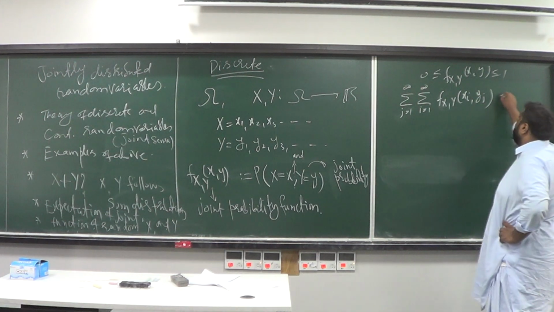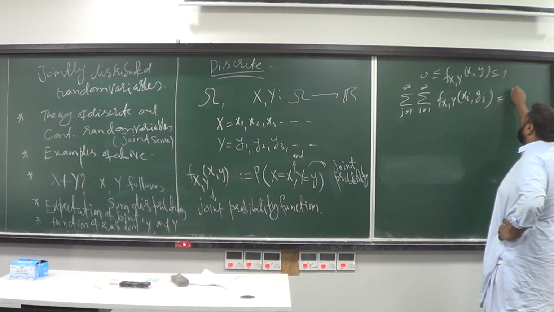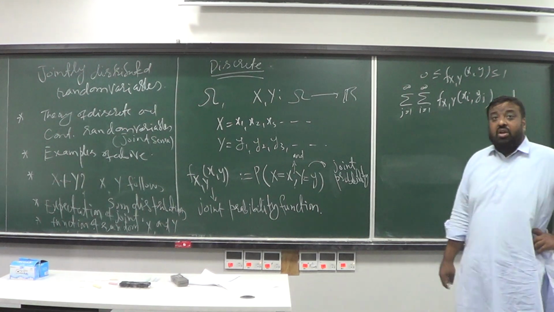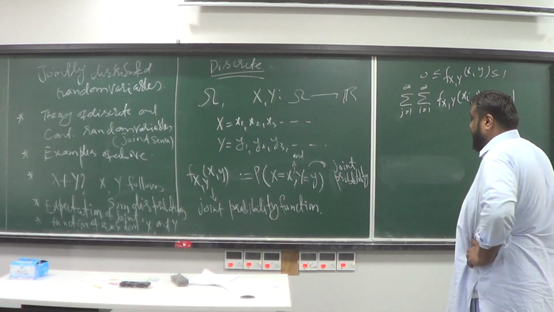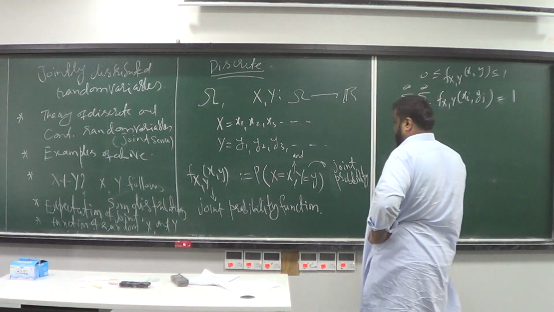So the sum of all these probabilities should be equal to 1. Okay?